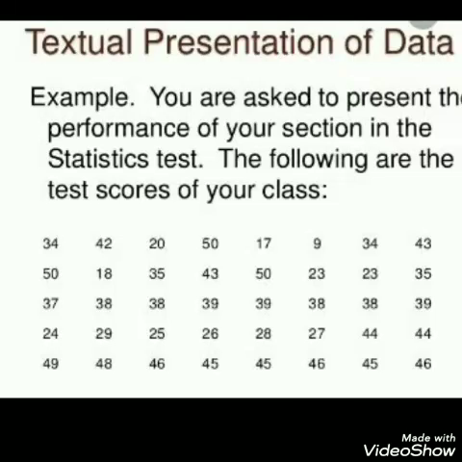For example, in a newspaper or in articles the information is given in text. This type of data is called textual or descriptive data.